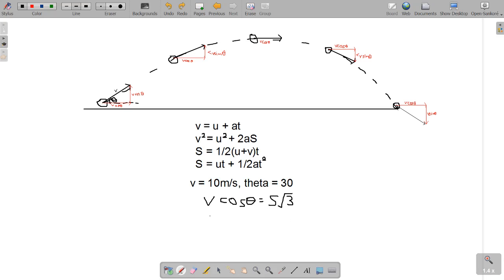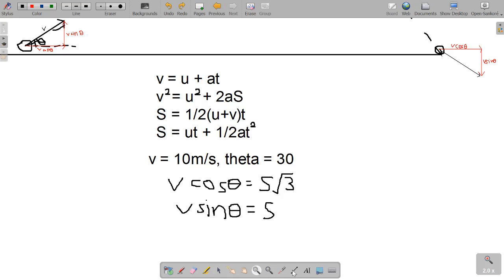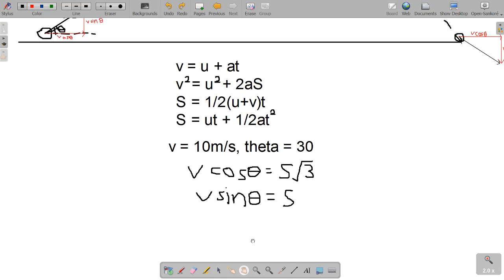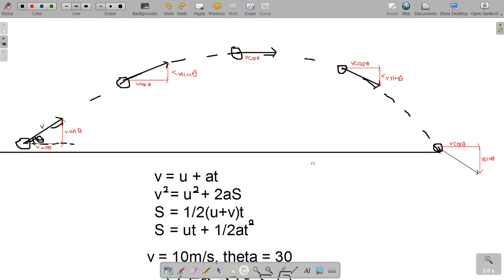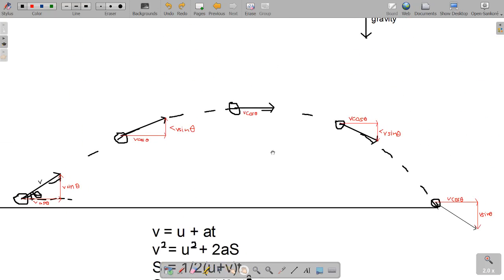Then your v sine theta is 5. Okay, I'll zoom in. So now let's try and find the maximum height.